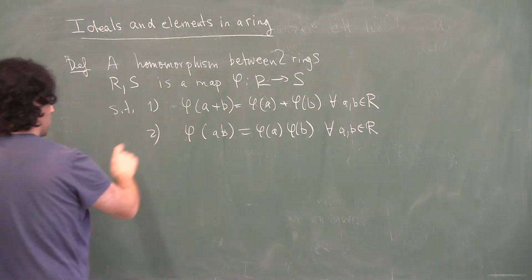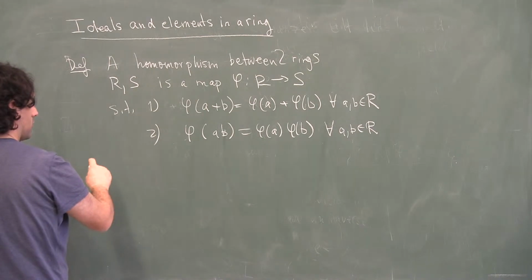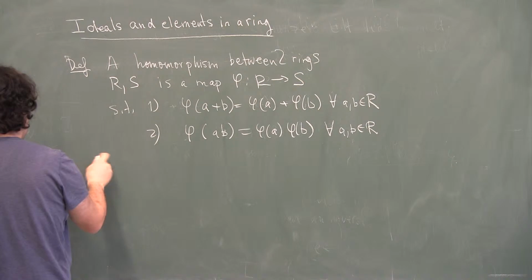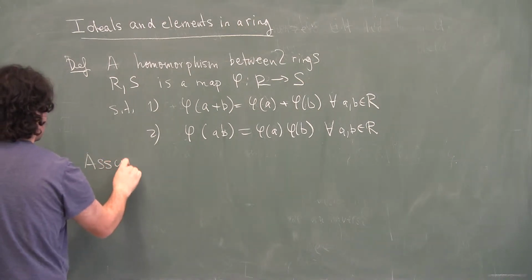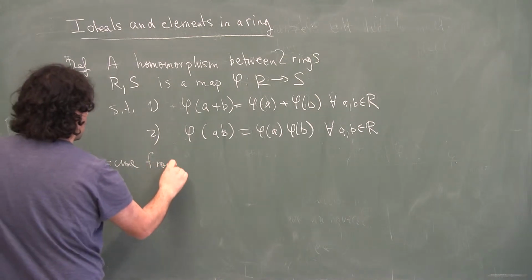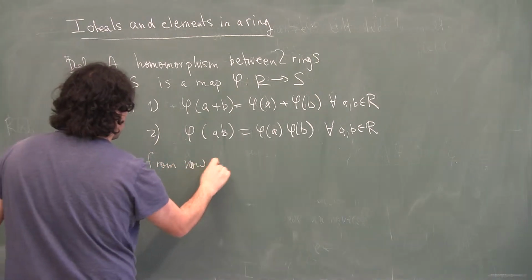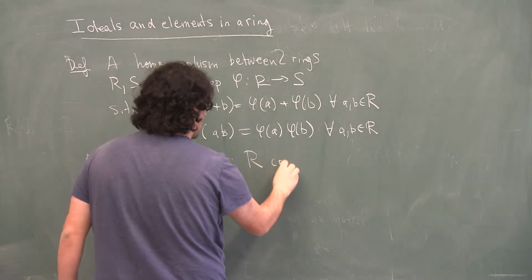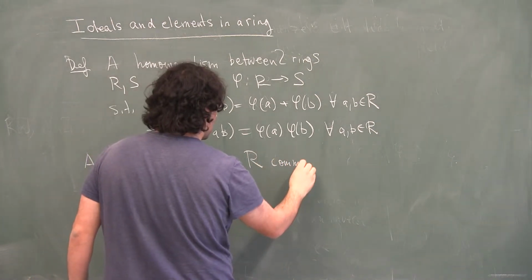Okay, now from here on I want to look at ideals. I want to make an assumption. So assume from now on that R is commutative.